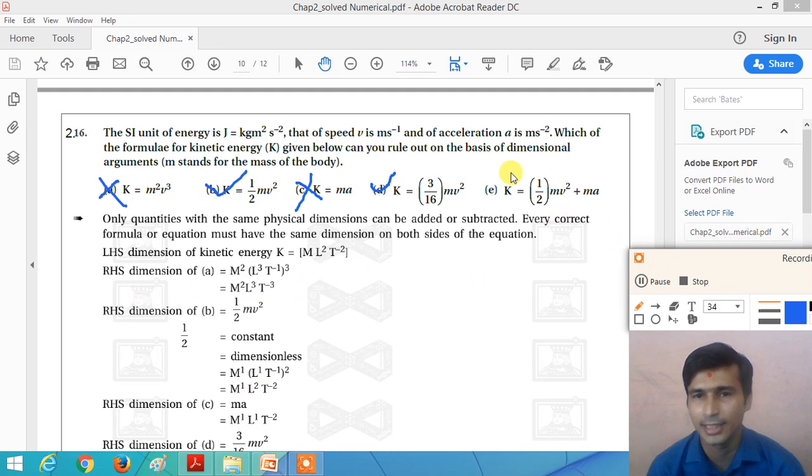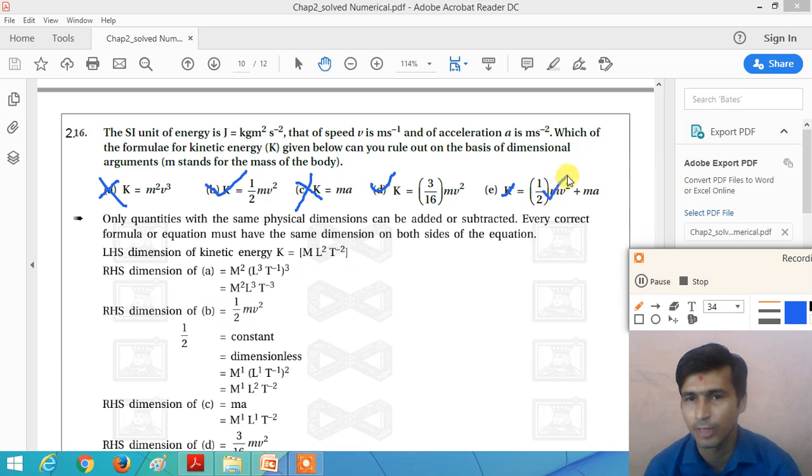In the last equation, K is equal to 1/2 mv square plus ma. You know the dimensional formula of K is M^1 L^2 T^-2.